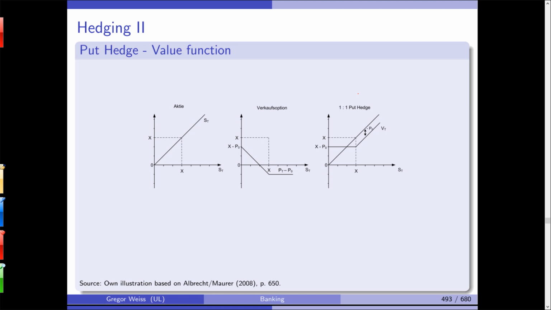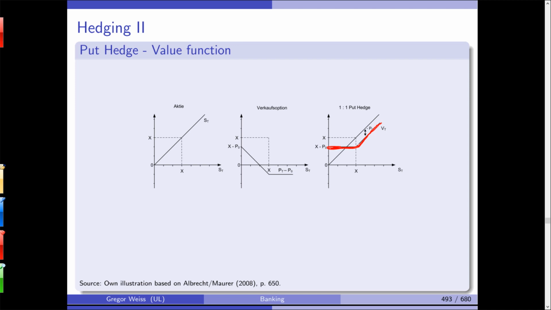So if you combine it, what you get is this position here. That's your hedged position. If the stock goes up, you will still profit from the stock investment. But if the stock goes down, you will be compensated via the put option contract.